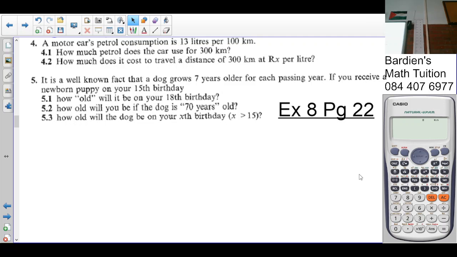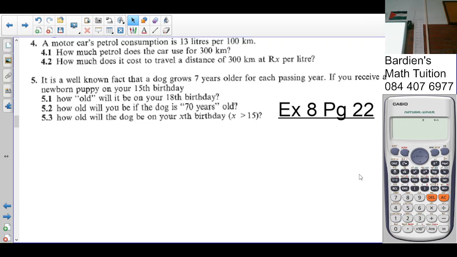So if it's 10 years compared to human, which is 70, we say the dog, for every year, basically ages 7 years, the dog year. That's basically the idea of how they did the calculation. So it's a well-known fact that a dog grows 7 years older for each passing year.